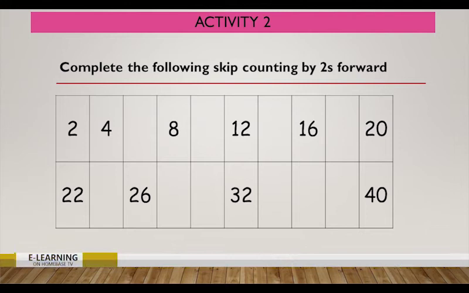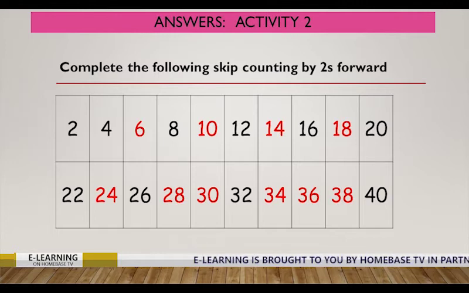Per the activity that was given before the break, we are now going on to answer the question that was placed on our screens. So we are going to complete the following skip counting by 2s forward. Can we go together?